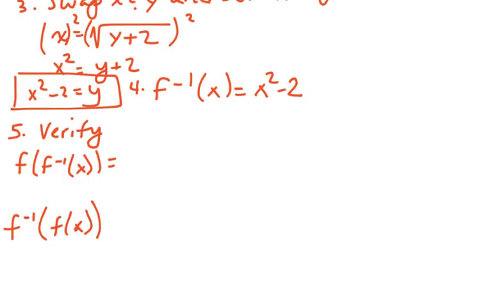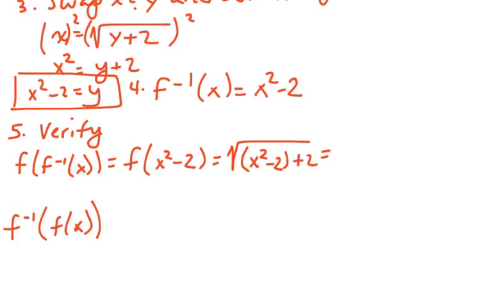Well, f inverse is defined as x squared minus 2, so I'm going to substitute directly in here and put that into f. f is the square root of x squared minus 2 plus 2. So the minus 2 and plus 2 cancel out, and you're left with the square root of x squared, which is equal to x. So that's good. We got one of them.